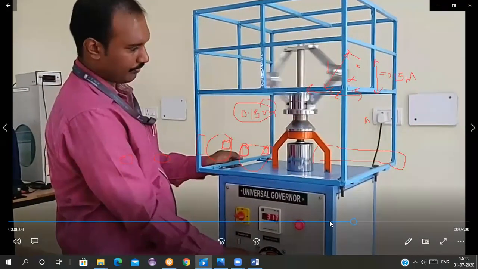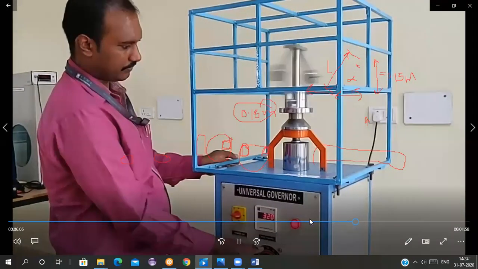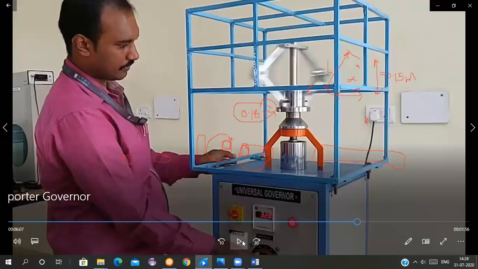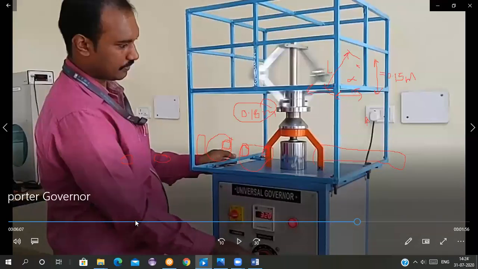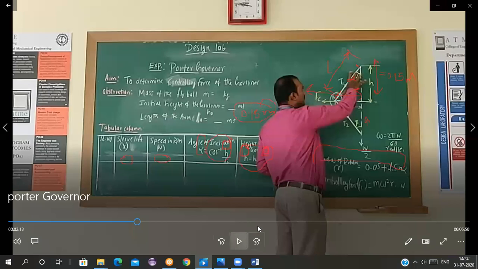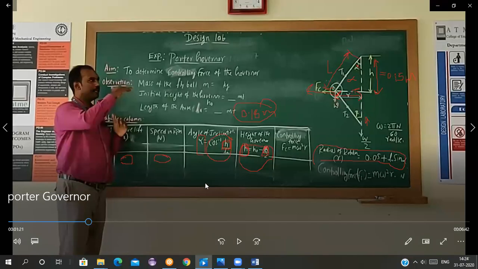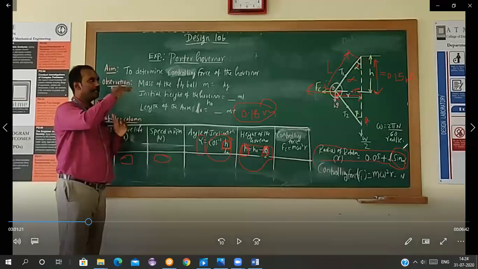It is rotating, and at this moment we cannot find out how much the radius is. The radius has increased because of the sleeve lift. That is why we are finding out the angle of inclination alpha here, and after finding it, we put it in the formula for radius of rotation. Why is this 0.05?